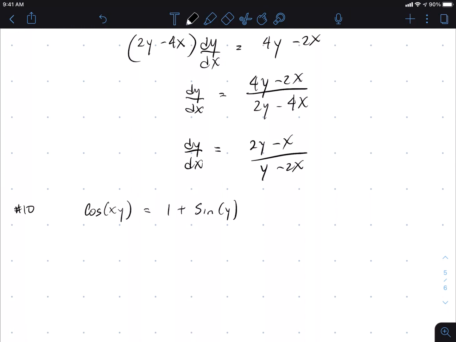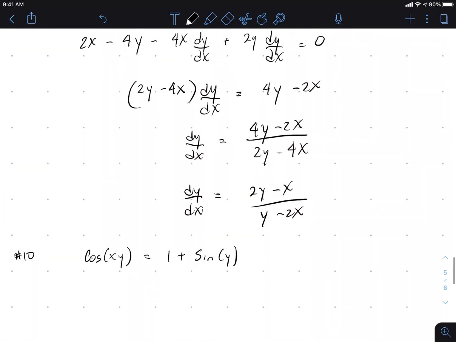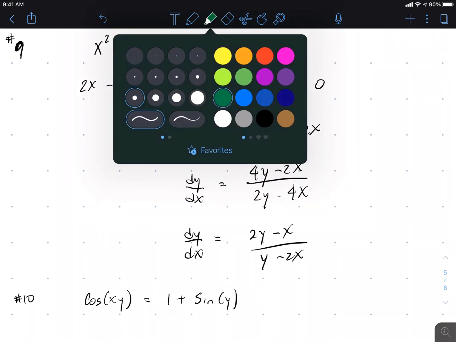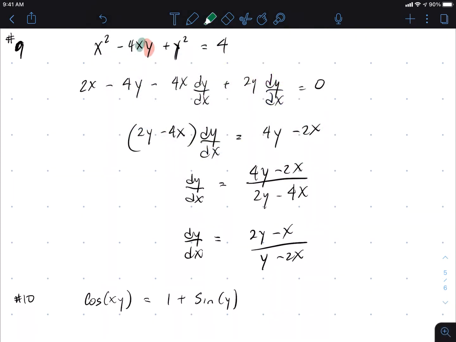Do you want me to answer your question while people are working on this problem? Yes, please. All right, so you were trying to find out why there were two dy dx's, correct? Correct. Okay, so I'll do this. Here, there should have been a 1, right?